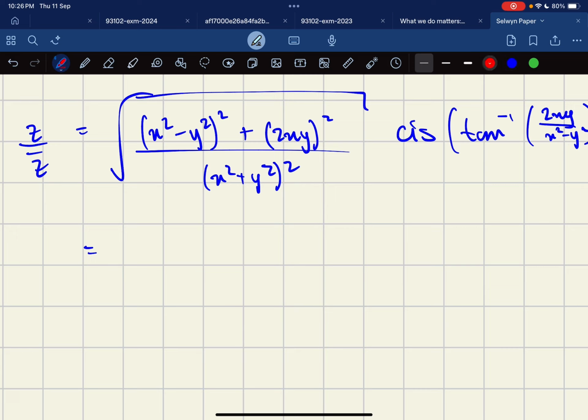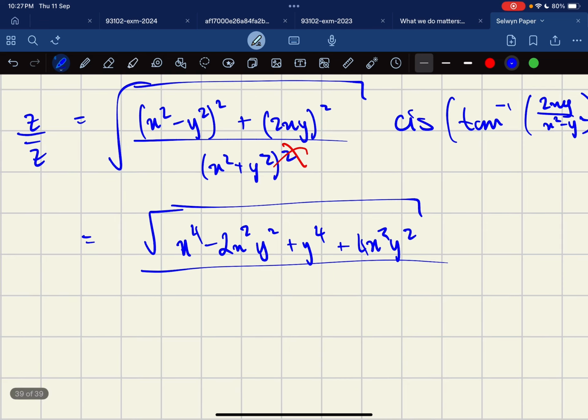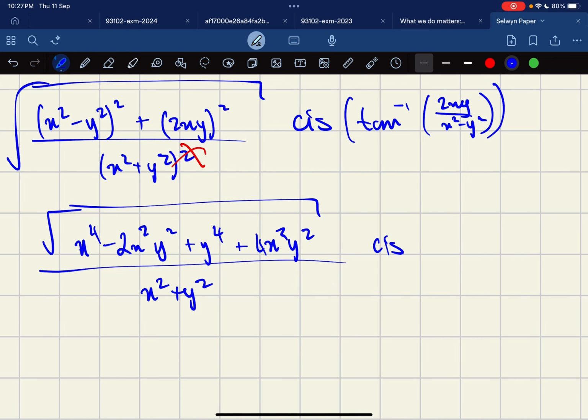As we explained, we can get rid of this square using the square root. So we can expand out the brackets here. We get x to the power 4 minus 2x squared y squared plus y to the power 4 plus 4x squared y squared, square root of all that, divided by x squared plus y squared, still times cis of inverse tangent of 2xy over x squared minus y squared.